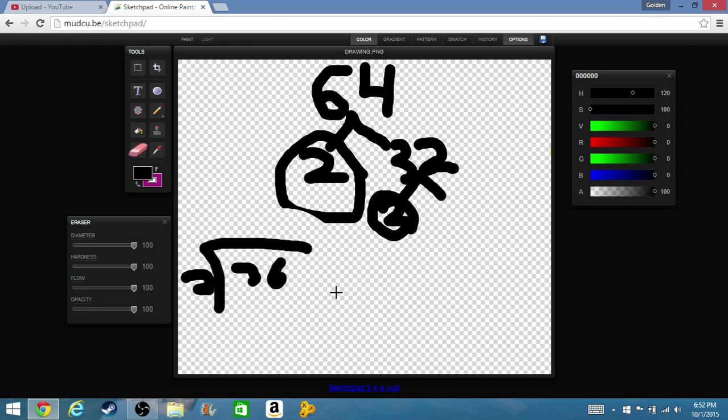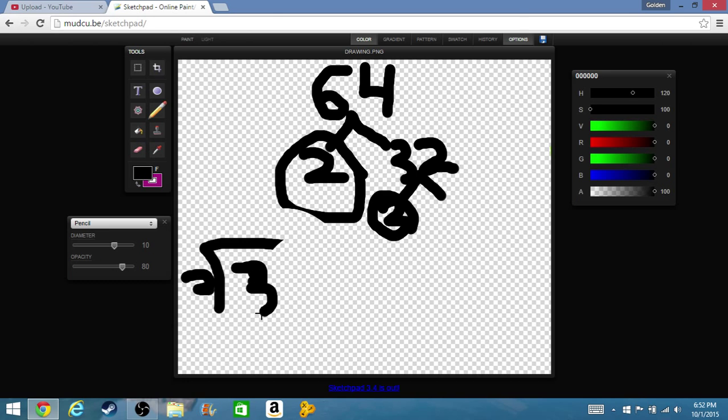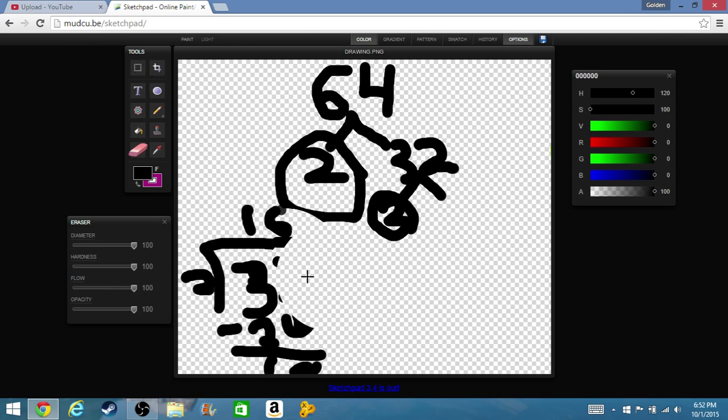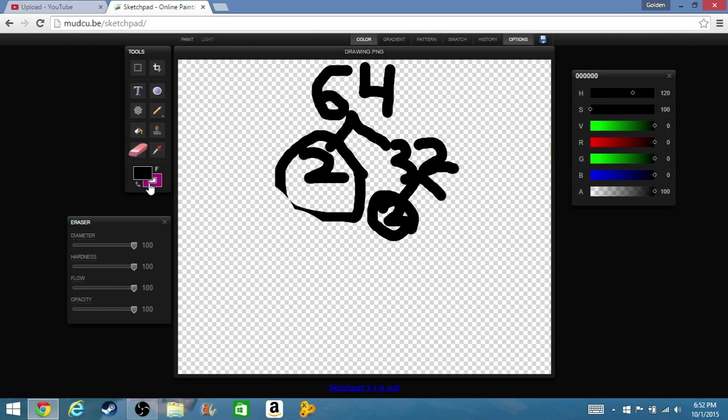Dividing 32 by 2, you get 16, because you subtracted it and so on.